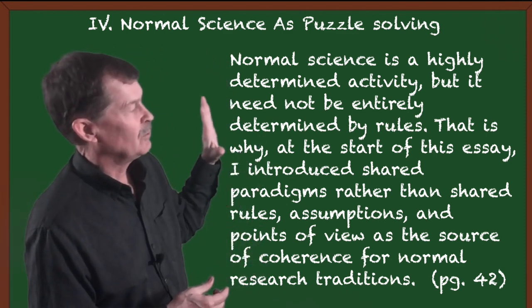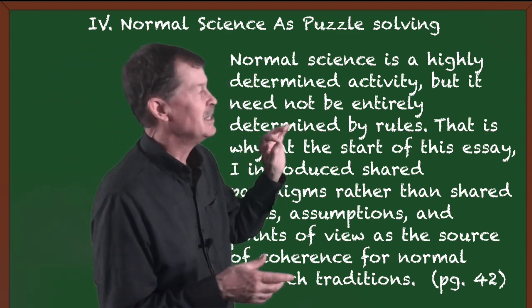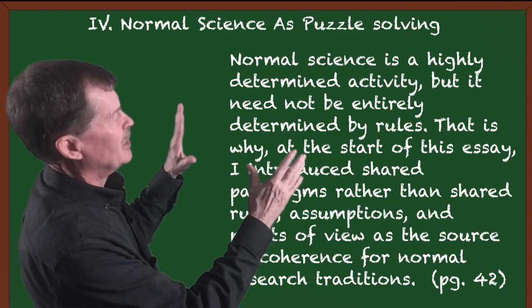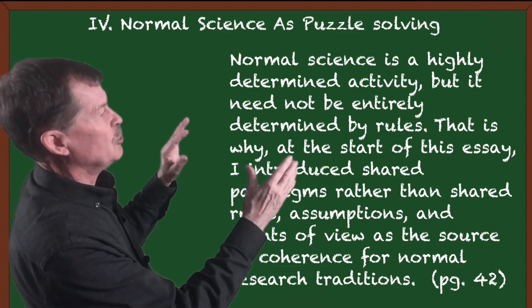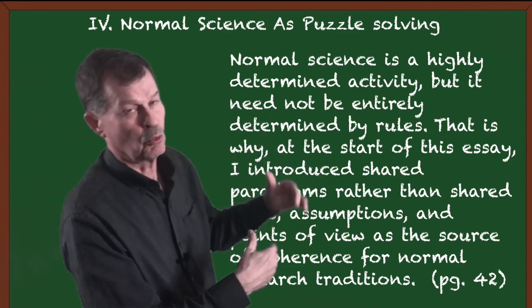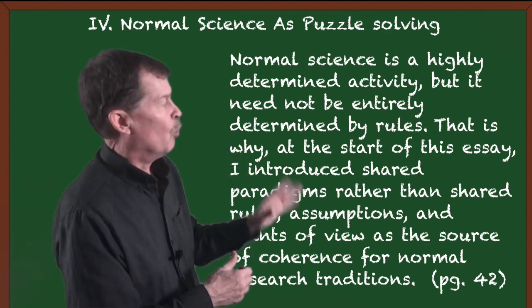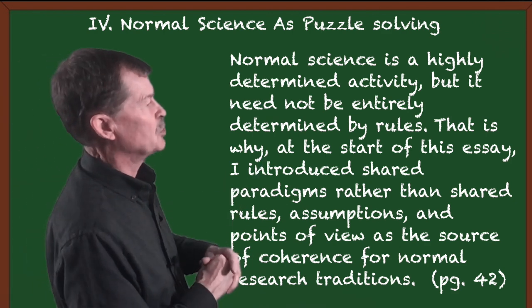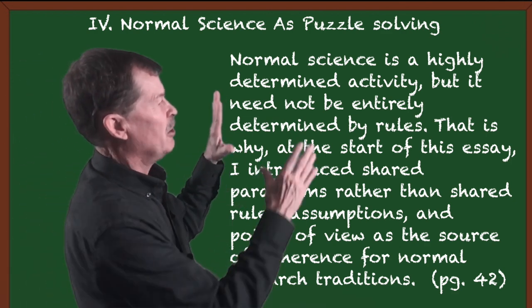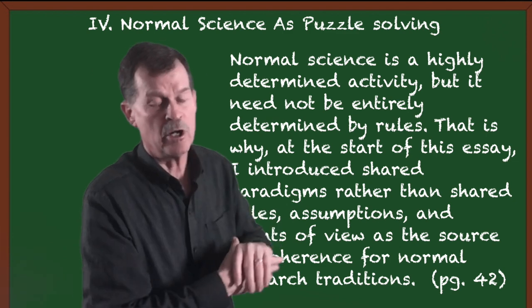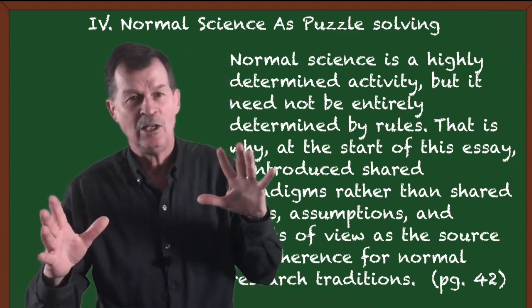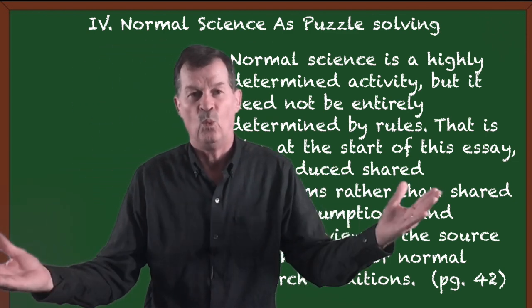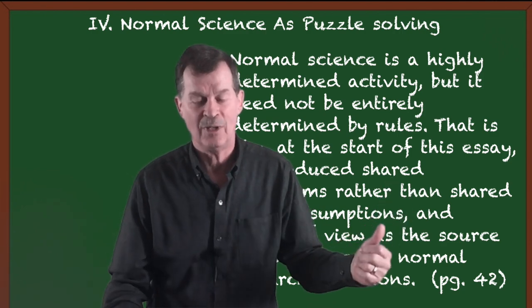Okay, so what he's advocating is that he did not start the essay with introducing shared rules. What are the shared rules? What are the shared assumptions? What are the shared points of view? No, he started with shared paradigms.